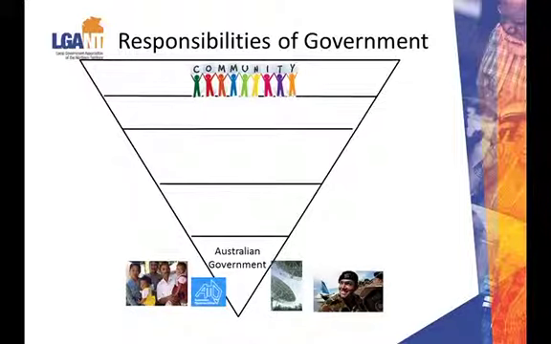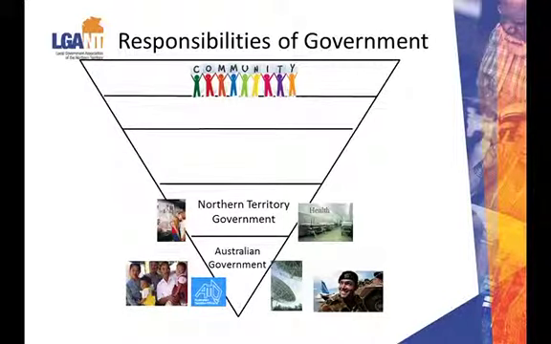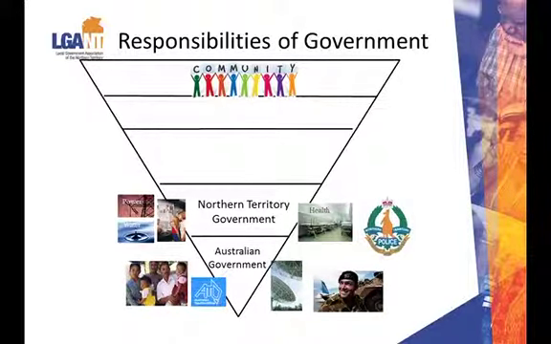At the second level of government, the Northern Territory government, this level is responsible for also about 40 areas. This level is responsible for providing education in schools, health and hospitals, essential services like power and water, police, fire and emergency services.